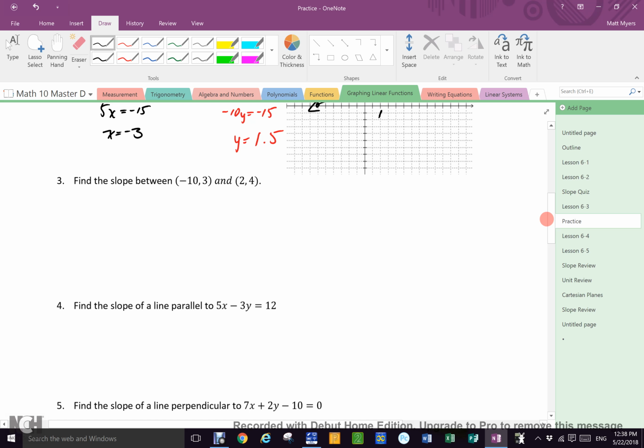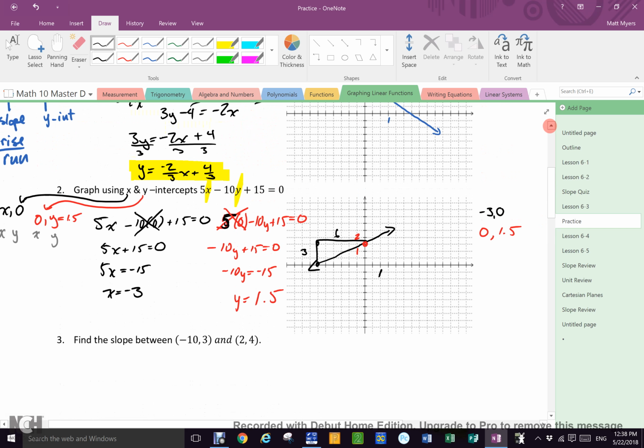Next, how do I find that slope? Oh, I have a question first. Pretend we did not graph that line. It's not graphed. I would like for you to tell me if 4, 7 will be on that line.